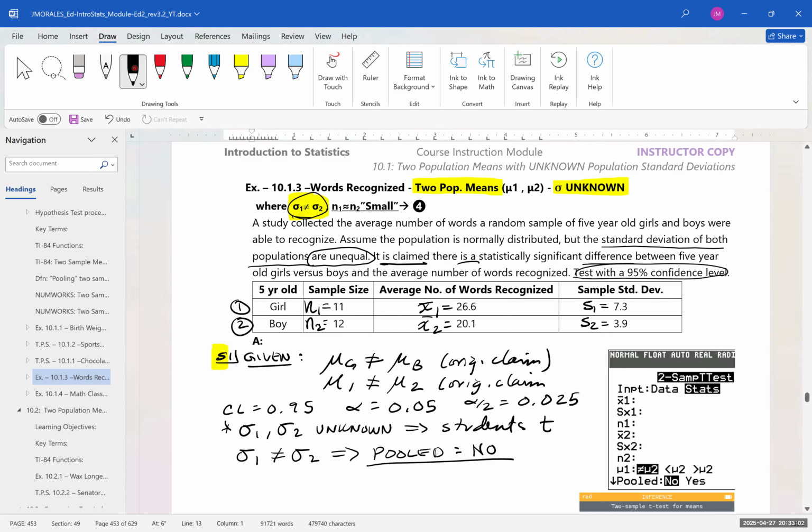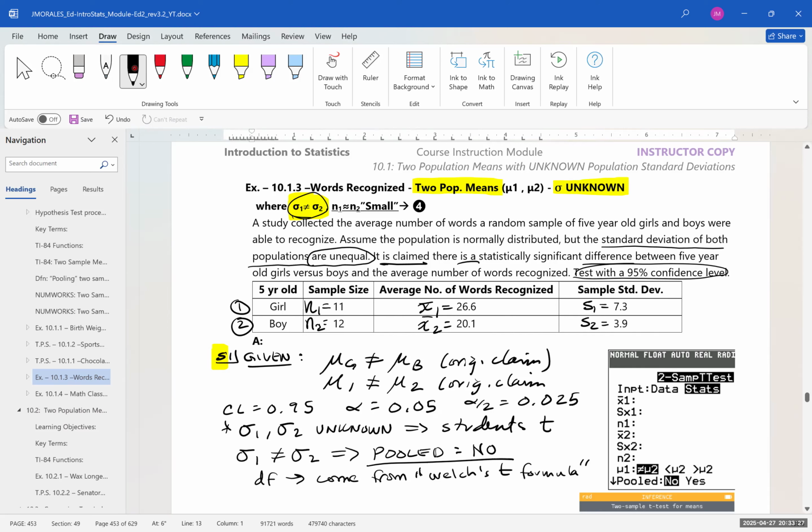And because we're putting no, this means that our degrees of freedom we are calculating is going to come from the Welch's t formula that I gave at the beginning of chapter 10. You can look that up.